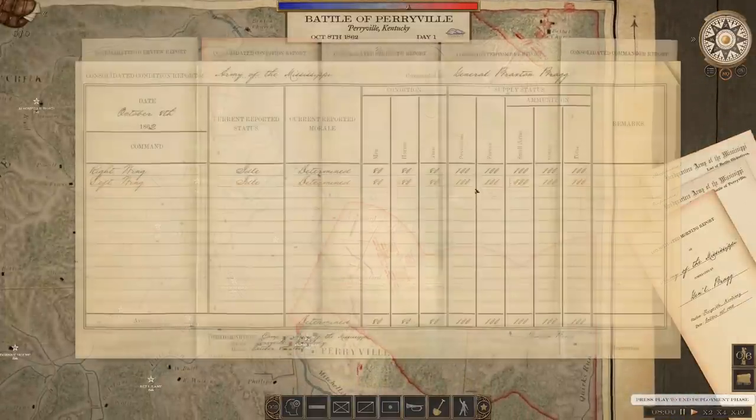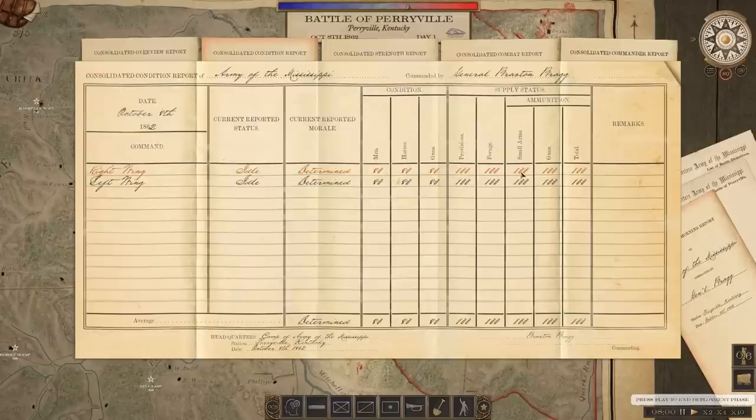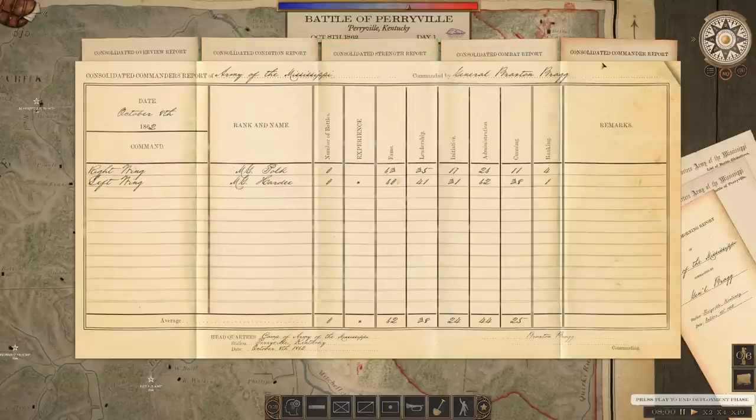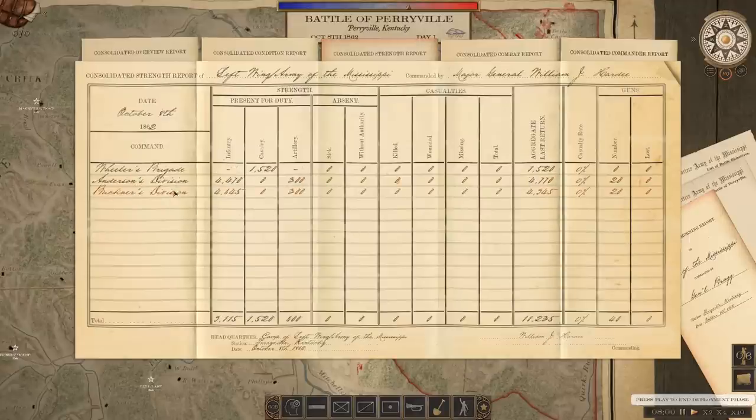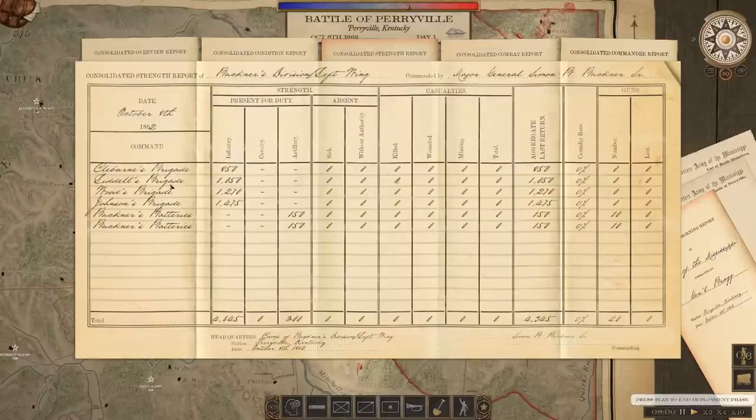And then we have the consolidated report forms for overview, condition, strength, combat, and commanders. So, for example, we can see from the Consolidated Strength Report that we have some 18,500 men deployed in the two wings, right and left wing, and if we go through the left wing, we see two divisions there, one brigade which is the cavalry brigade, and the strength of each unit.